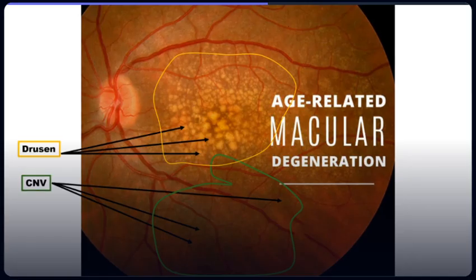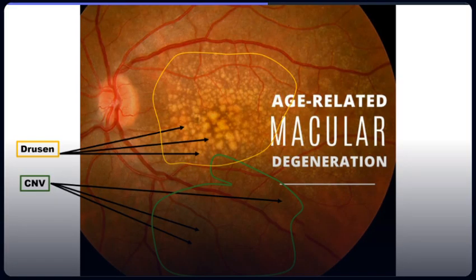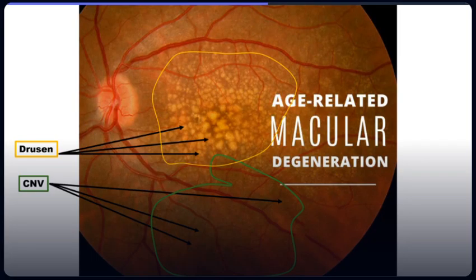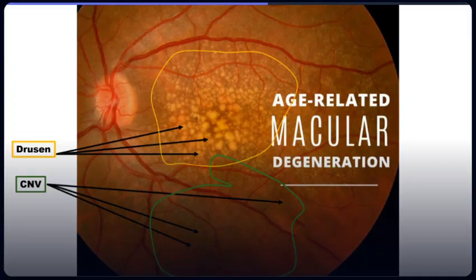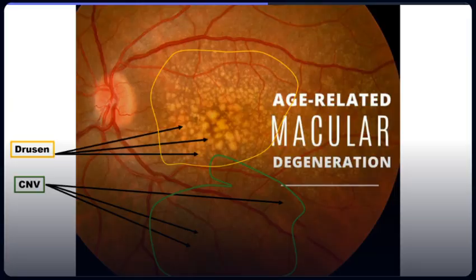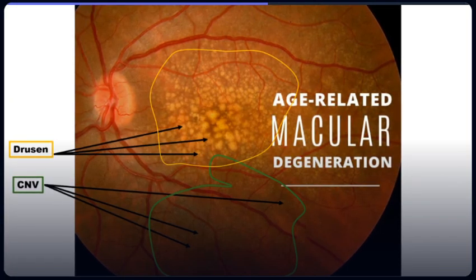Focus your attention on the yellowish clusters highlighted in the superior region, which represent drusen, complex extracellular accumulations of lipids and metabolic proteins sequestered between the retinal pigment epithelium and Bruch's membrane. In contrast, the green circled zone identifies choroidal neovascularization, or CNV, where pathological vessels from the choroid have physically breached the outer retinal layers.